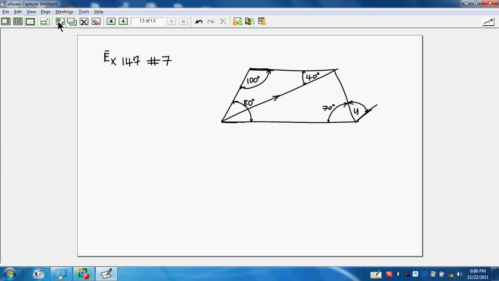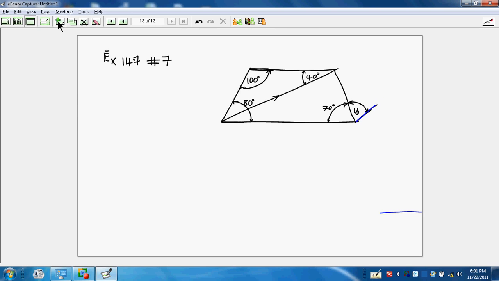Okay, in exercise 147, number 7, we are asked to find what is angle y. We are asked to find the value of angle y. Okay, so let's see what we observe.